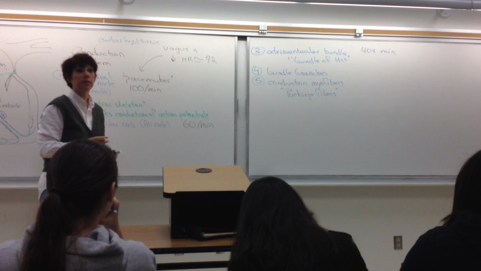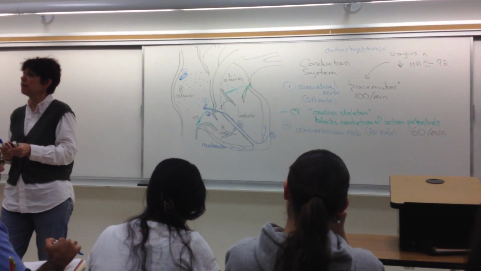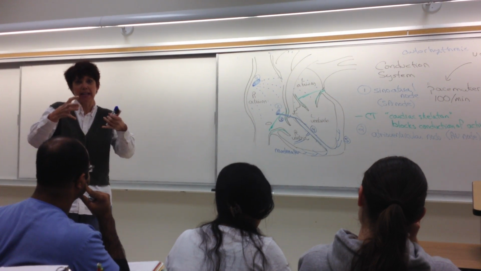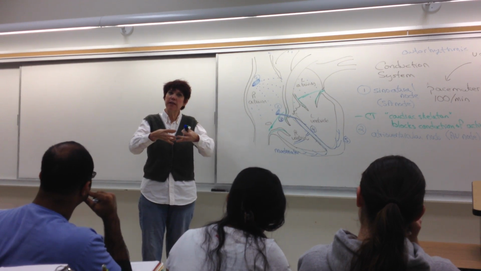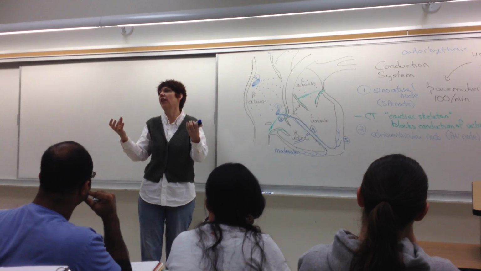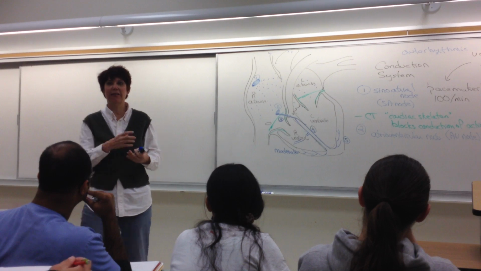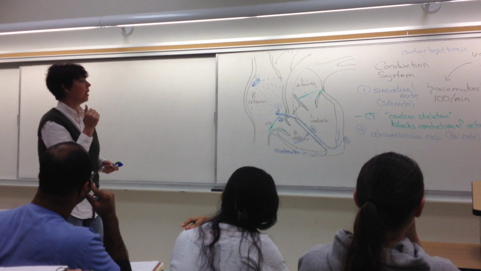Even the ventricular muscle cells will depolarize on their own, about 15 times a minute, but that's not compatible with life. Because if we just have a quivering of the ventricles, there is no concerted effort to create a force, and the blood does not move out of the heart. Therefore, you have no blood pressure, you have no transport of blood carrying the oxygen to the rest of the body.